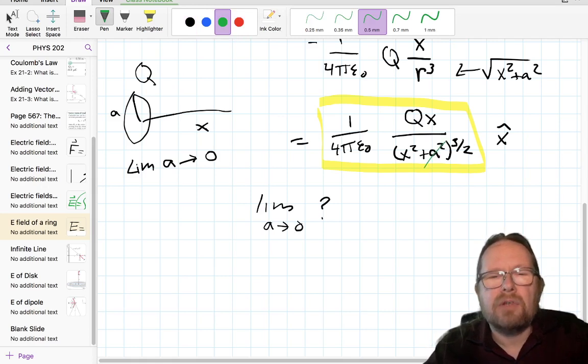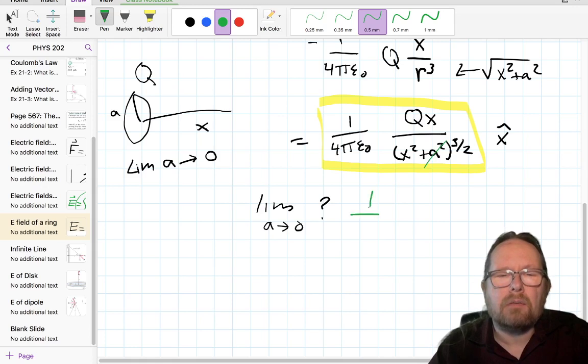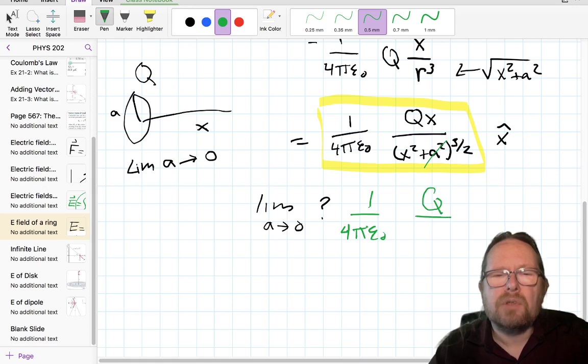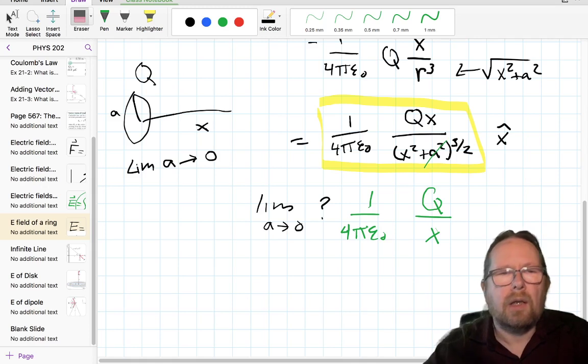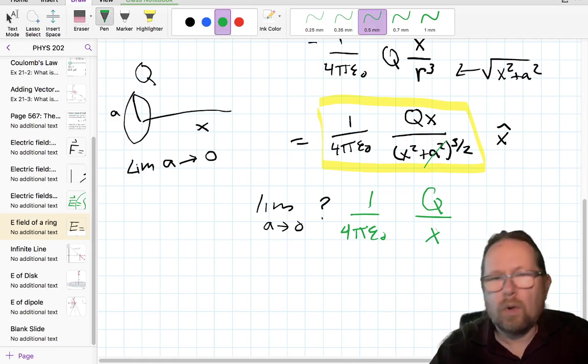If that goes to 0, this is just 1 over 4 pi epsilon naught q times x over x squared to the 3/2, which is x cubed, and that's just equal to q over x squared.